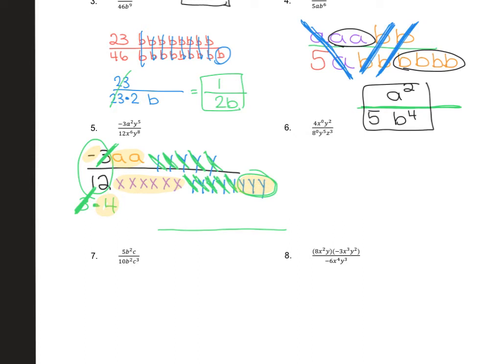Okay, so let's write this out. I have a negative a squared, 4 on the bottom, x to the 1, 2, 3, 4, 5, 6, y to the 3rd. And that's my answer.